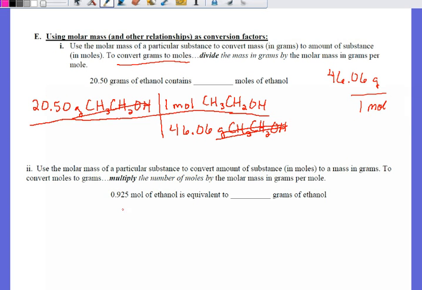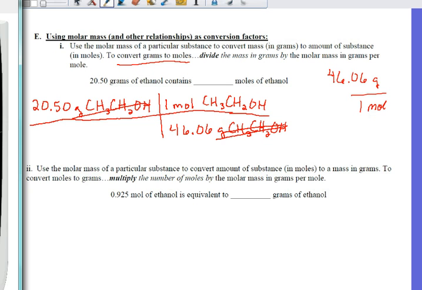So when you go to your calculator, you would type in the 20.50 divided by your 46.06, because the 20.50 is on top, and when you divide that, you'll get an answer. Then you have to look at your answer, because your calculator will give you more significant digits than you're probably going to be allowed to have most of the time.